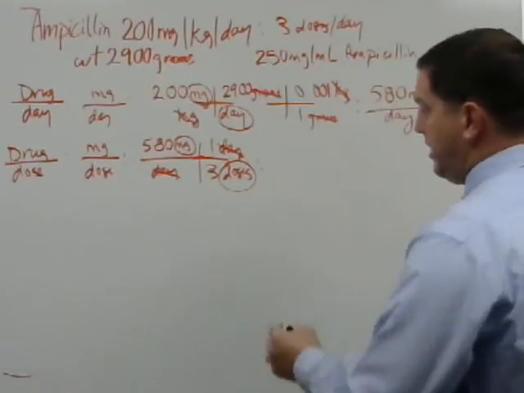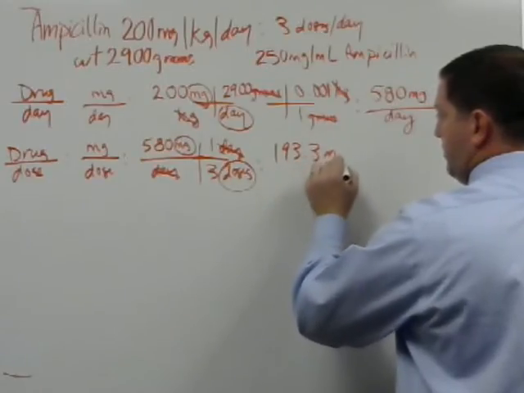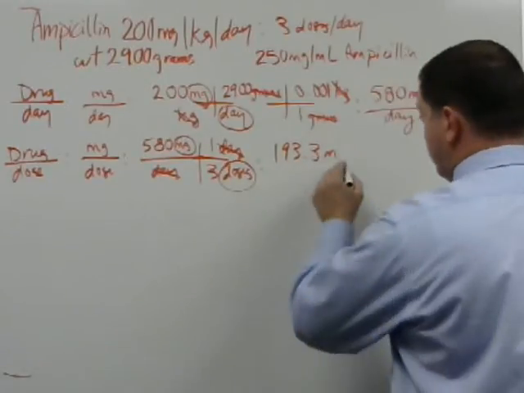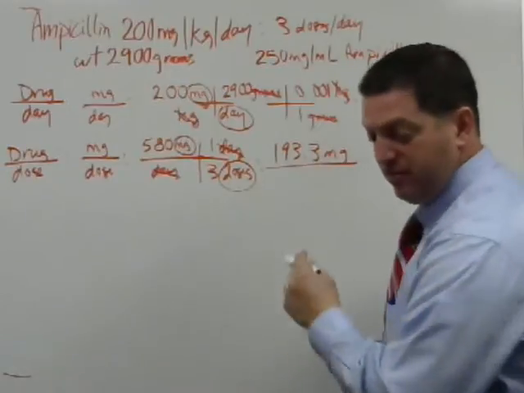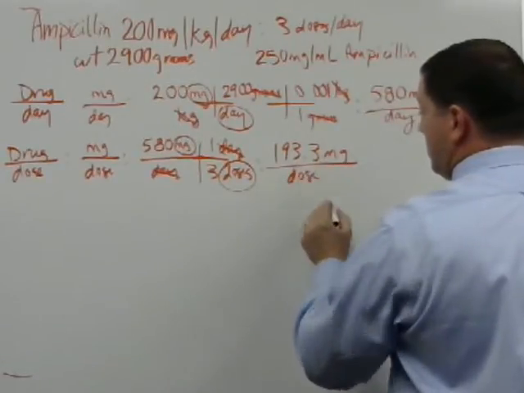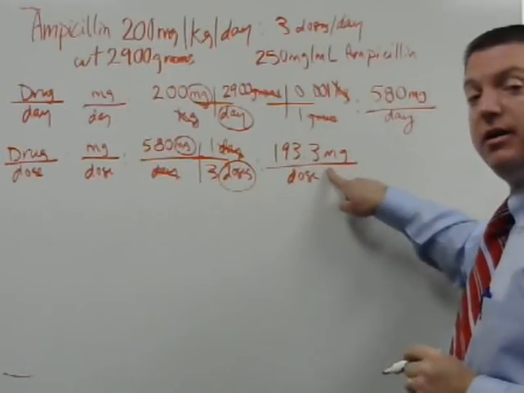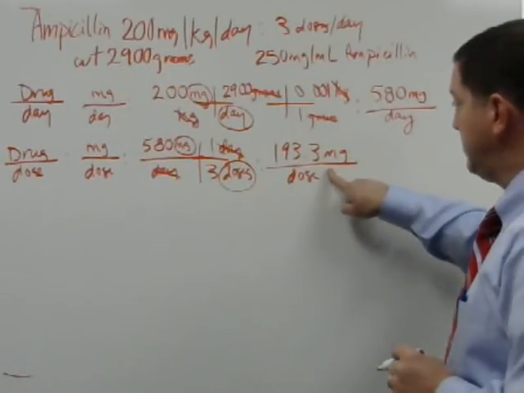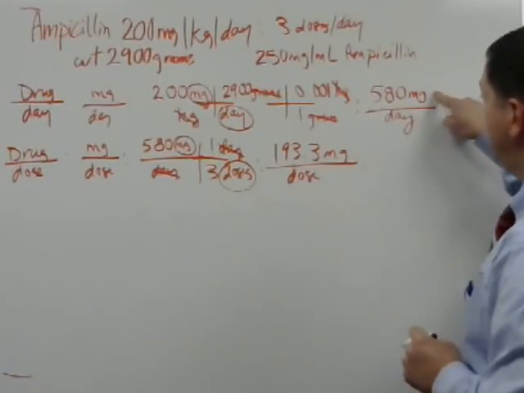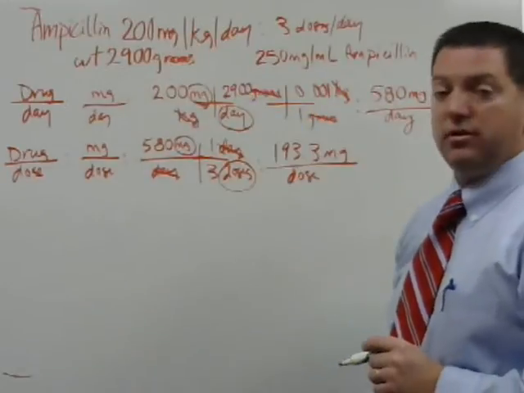Using my math, as you already know, it's 193.3 milligrams per dose. So 3 times a day I will give 193.3 milligrams, and that will equate to the 580 milligrams per day that the physician has ordered.